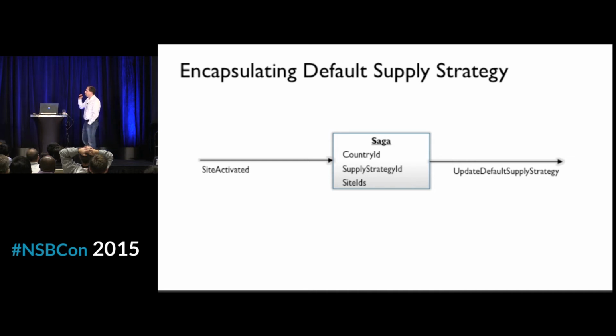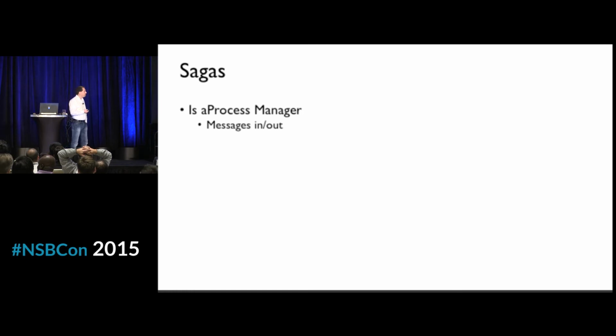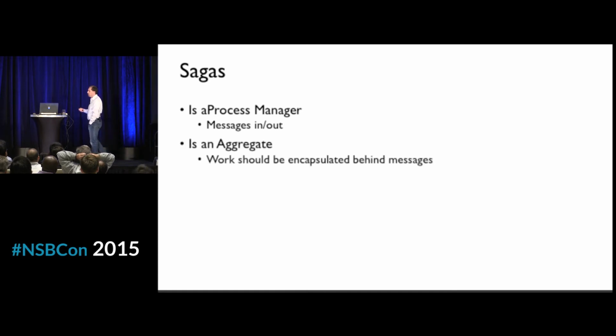But before I get into the solution that we went with, I first want to take a step back to talk about Sagas in general. Sagas are an implementation of a process manager where messages come into it and messages go out of it. It's also an aggregate, so it shouldn't be reaching into another aggregate to know it should or should not do something.